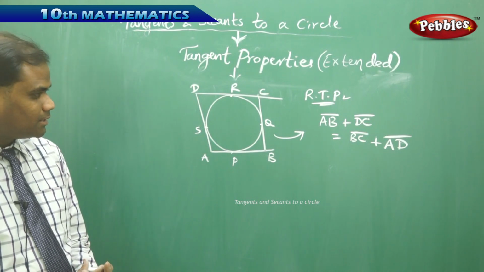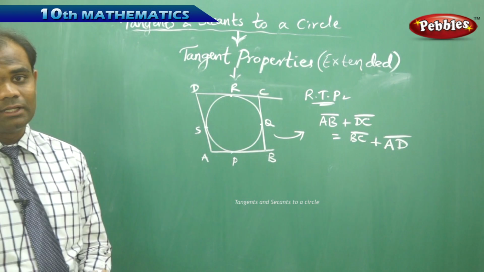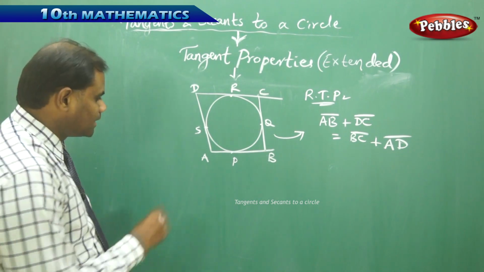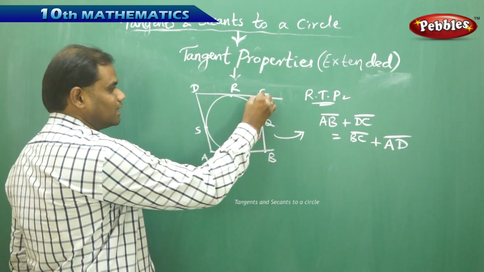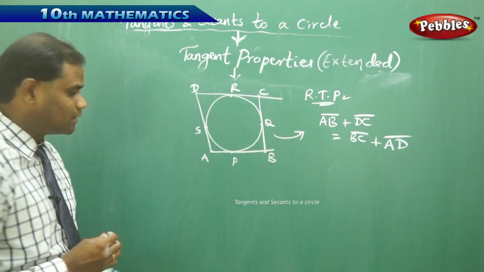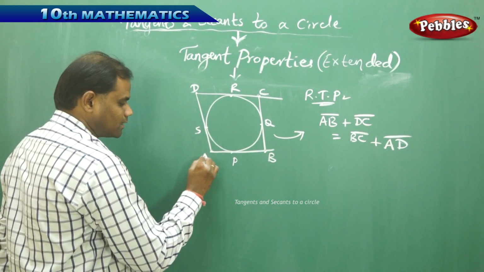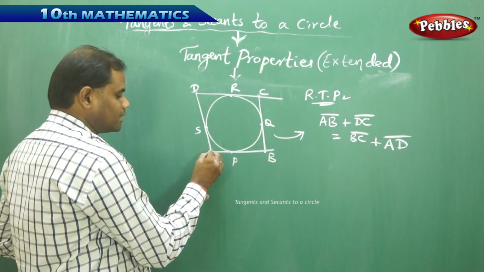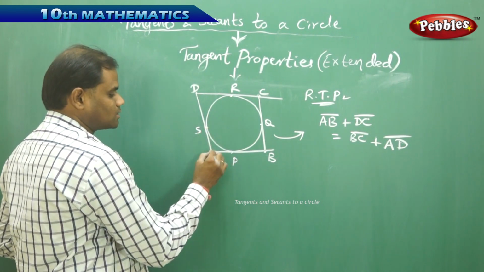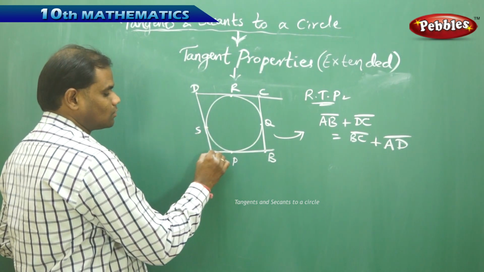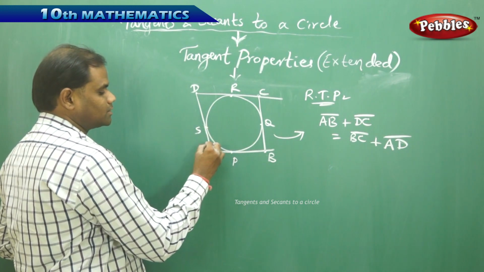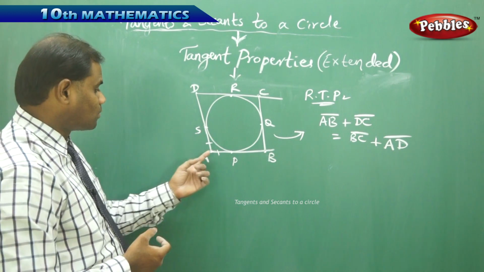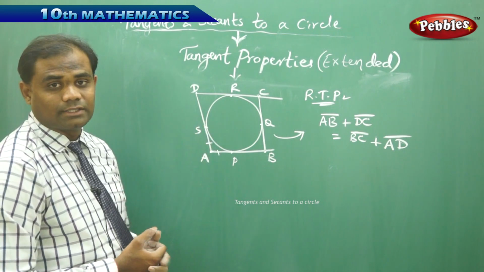As I clearly see here, the proof relies totally on an external point from where two tangents are drawn. That is, when I take each vertex of the quadrilateral ABCD, to start with vertex A, the first vertex of the quadrilateral ABCD clearly has two tangents passing through it. For an external point to the circle, the two tangents AP and AS are equal, because we have already seen the property that from an external point the lengths of tangents are equal.